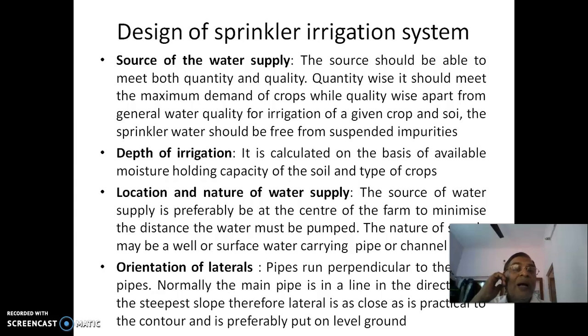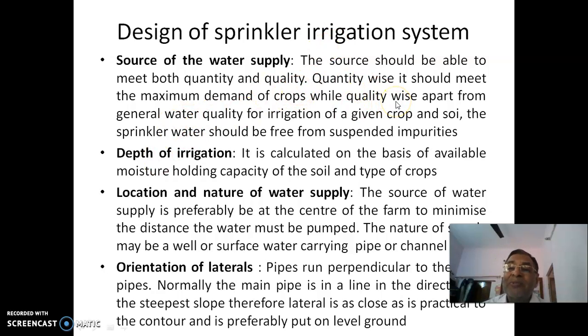Then source of the water supply. The source should be able to meet both quantity as well as quality. Quantity wise, it should meet the maximum demand of crops. The crop requires this much water quantity, so whether this source is able to give that much water.